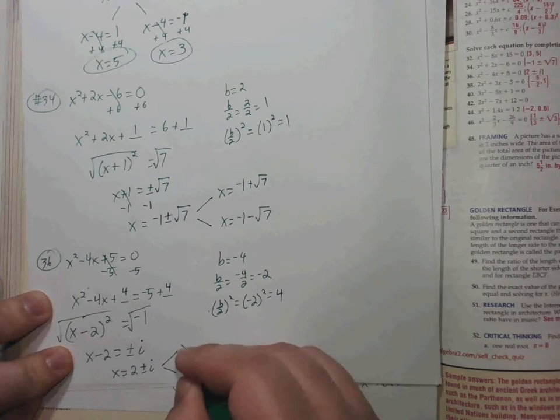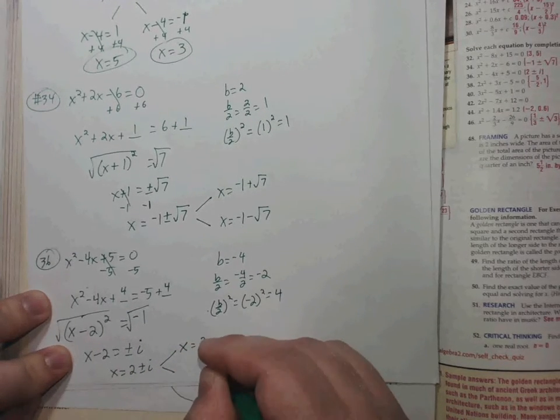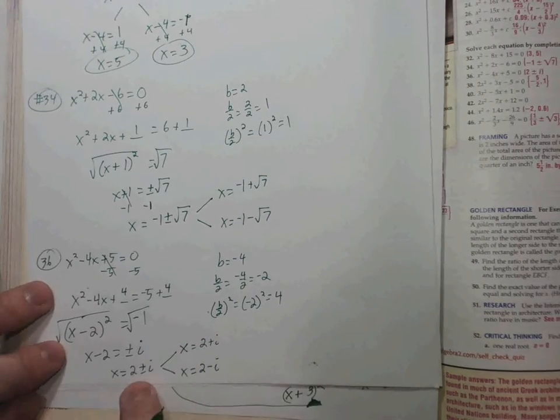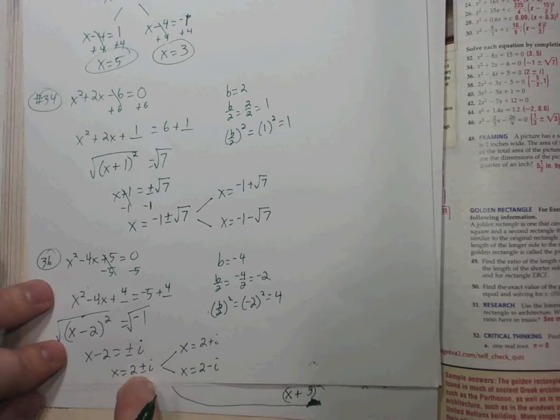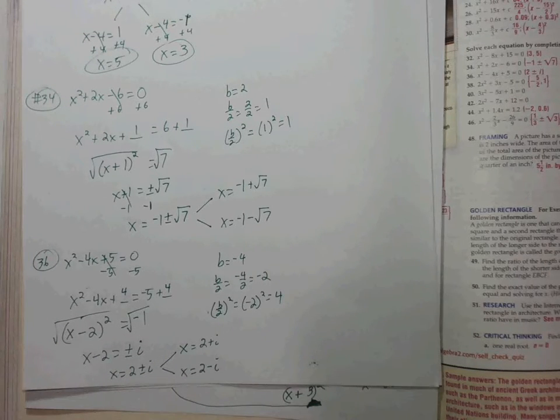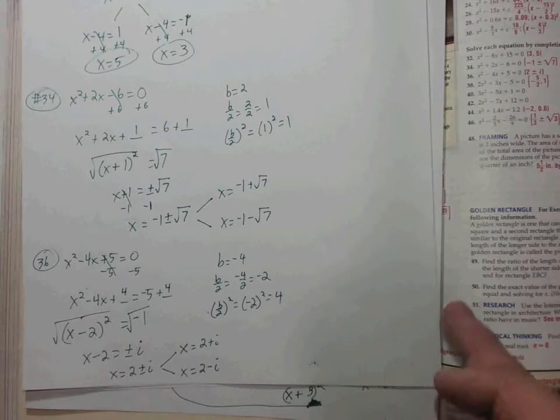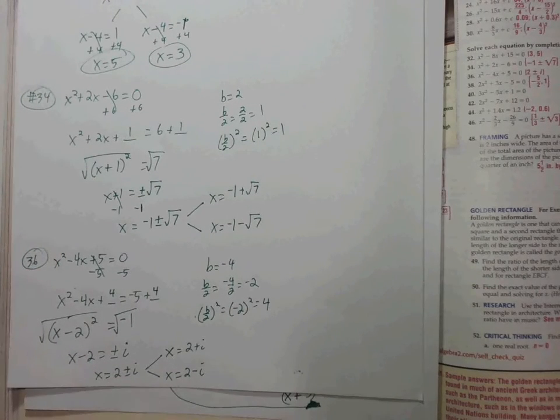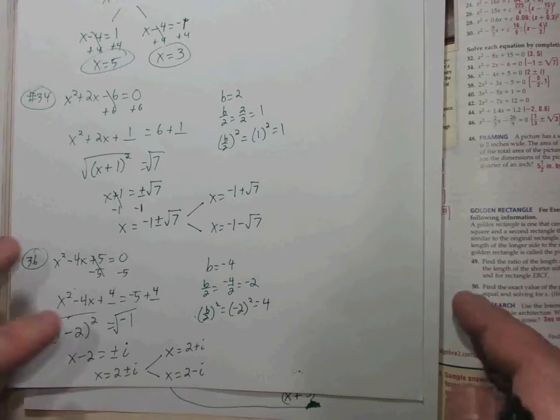And again, you can write it like this, or x equals 2 plus i, x equals 2 minus i. I'm going to write it like this just because it saves space and time, and it means the same thing. If you want to write it out, you're more than welcome to. But that's what I mean when I say plus or minus. You're doing both the plus version and the minus version. You got to take care of both.